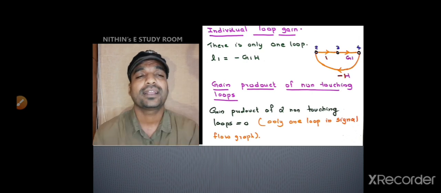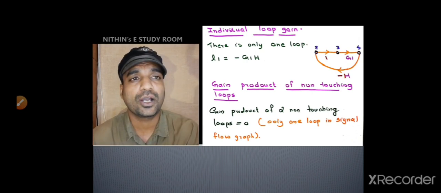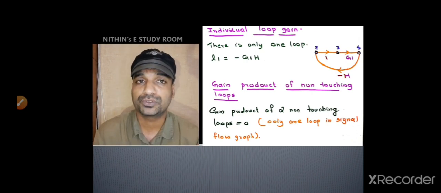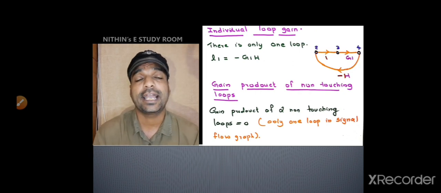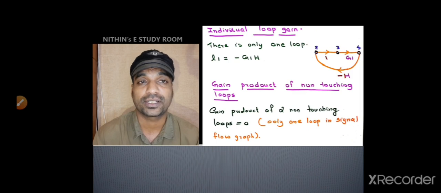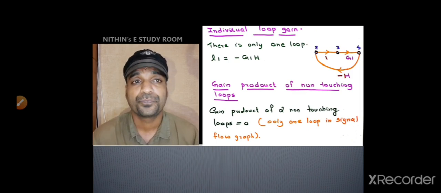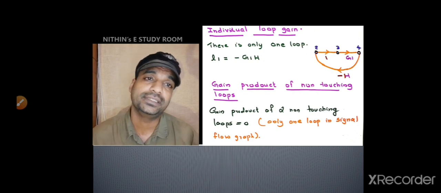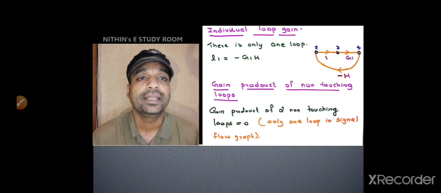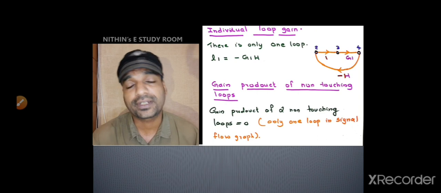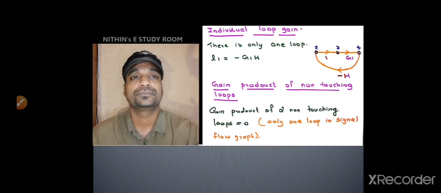But I have only one loop, so I cannot comment on how many loops are touching or non-touching. So all those terms in the delta equation will become 0. The gain product of 2 non-touching loops is 0 because there is only one loop in the signal flow graph. The gain product of 3 non-touching loops is also 0.